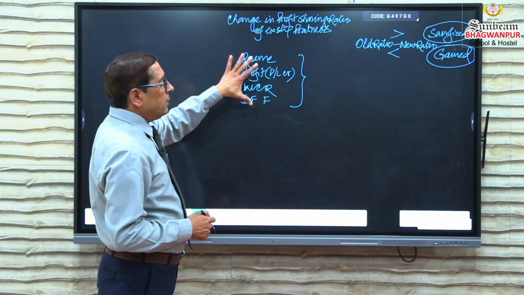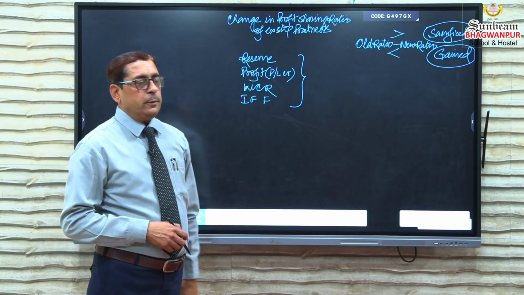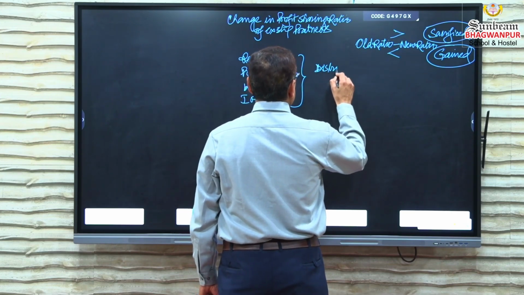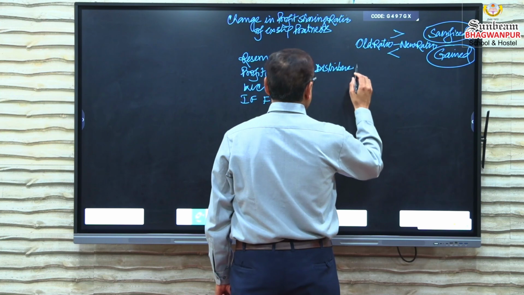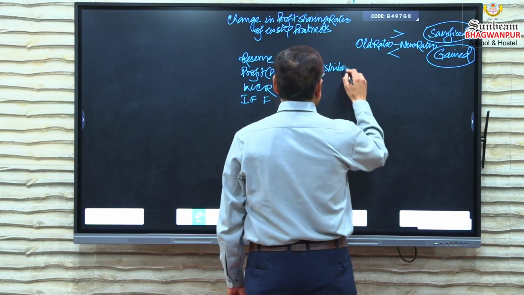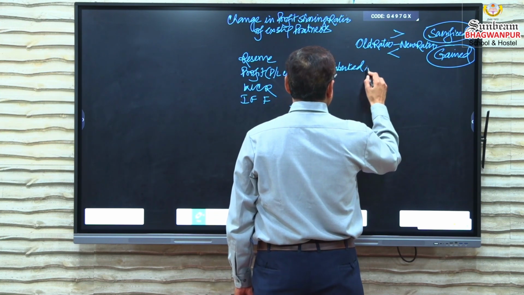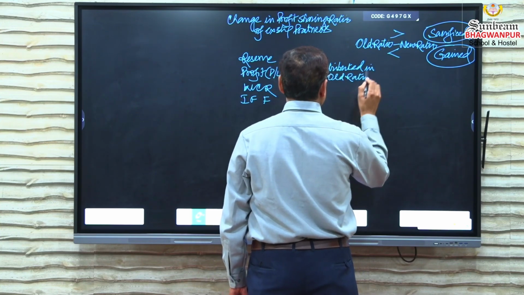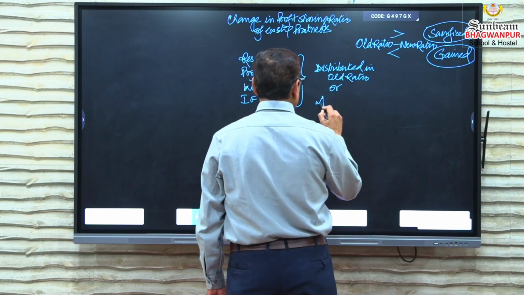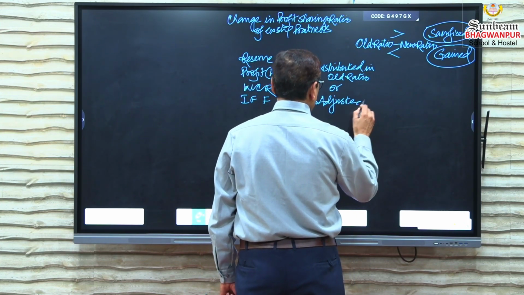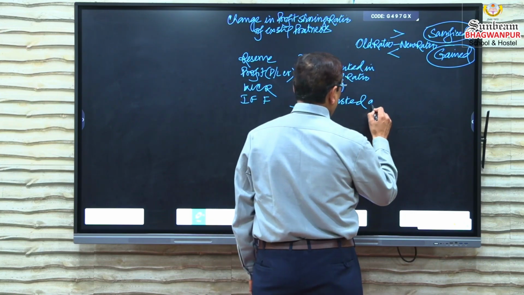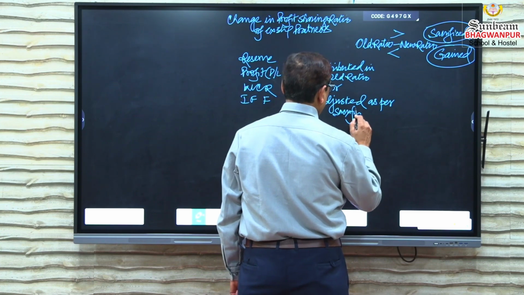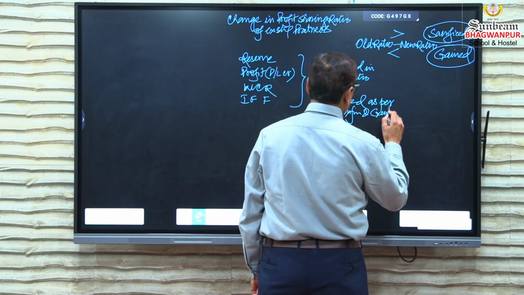It means at this place two options are available. First, distributed in old ratio, or adjusted as per sacrifice and gain.